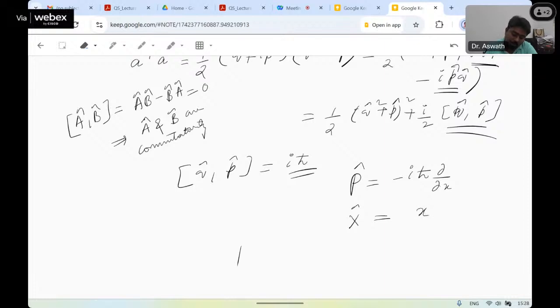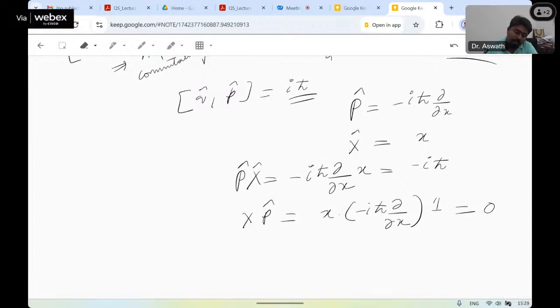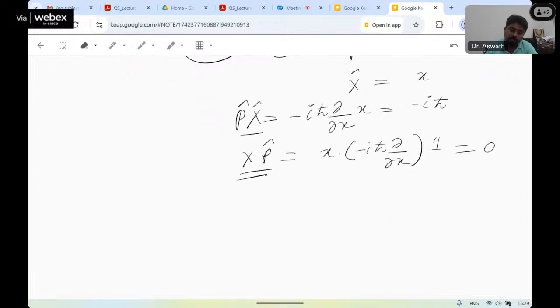P into X is minus i h cross dou by dou x acting on x, which is simply minus i h cross. The other way around, X into P is x multiplied by minus i h cross dou by dou x acting on 1, which is equal to 0. So the difference of the two terms gives this. You can cross-check that, it is there in the notes.